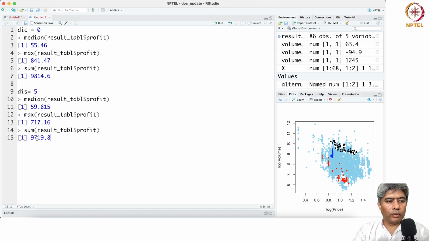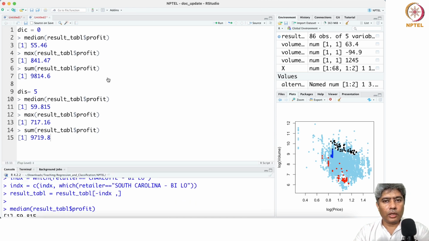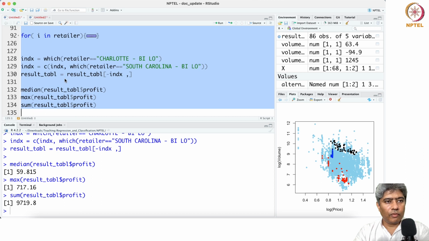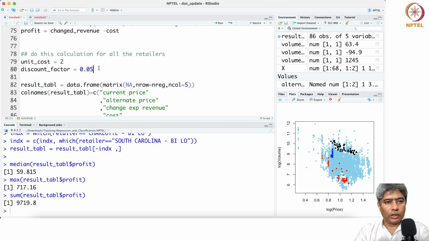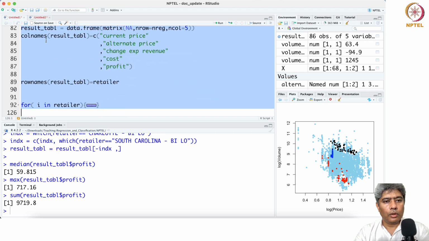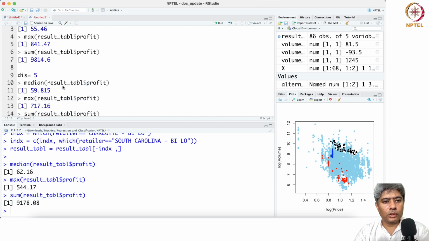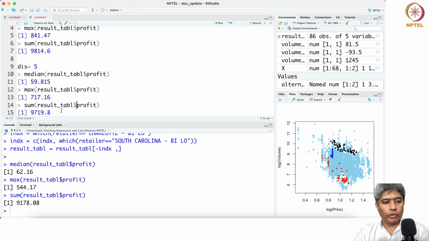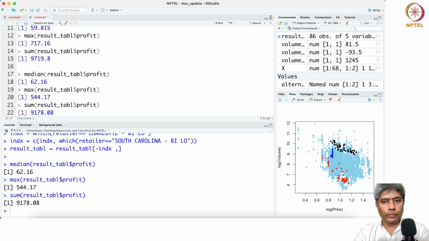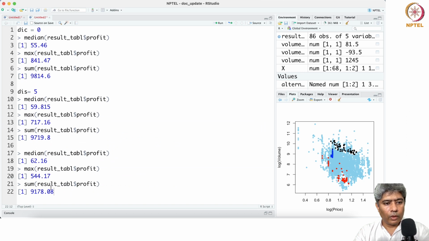Now my total profit reduces a bit, and then if I give 10% discount, my median profit increases probably to 62, but total profit drops.